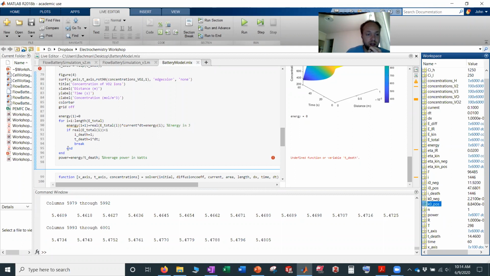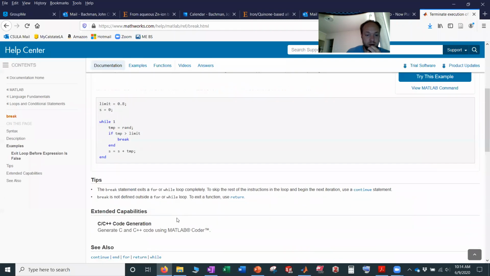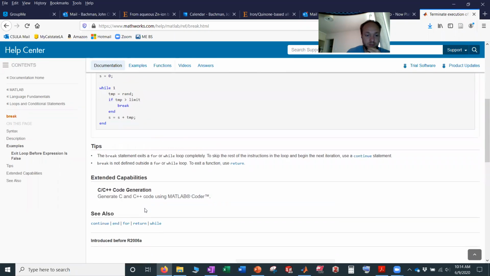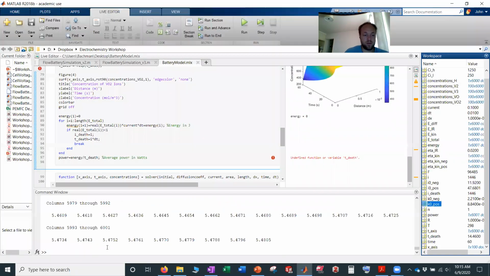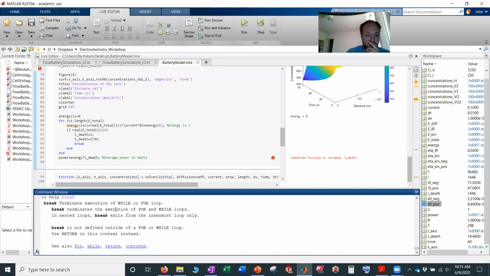It didn't break out of this for loop as you'd expect.